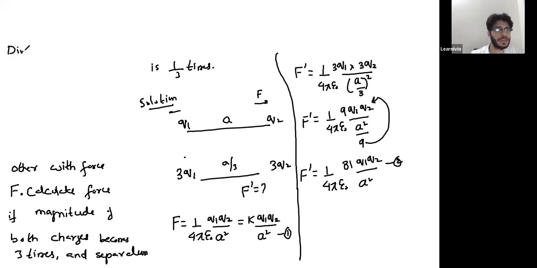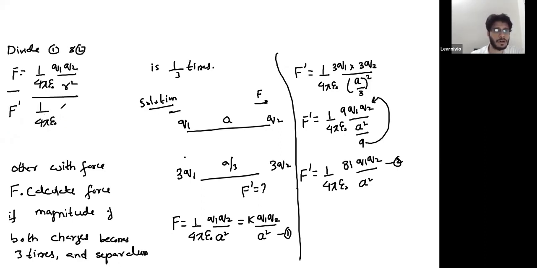Now you can divide 1 by 2. When you divide 1 by 2, you will get F is 1 over 4 pi epsilon naught, Q1, Q2 over A square divided by F prime, which is 1 over 4 pi epsilon naught, 81 Q1 Q2 over A square.